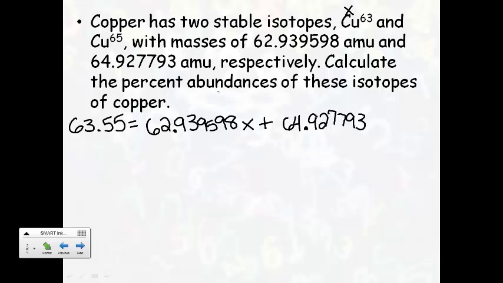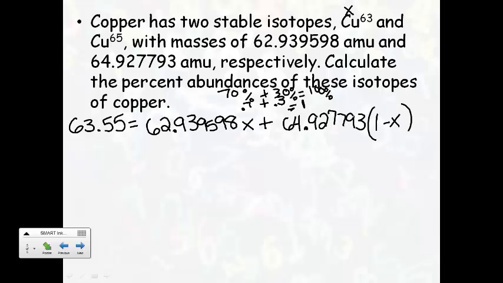So say we had 70% and 30%. If they were in decimal, they'd be 0.7 and 0.3. So they would have to add up to 1, okay? So we need our answer to be the difference between 1 and X. Okay, so we're just going to go ahead and plug in 1 minus X right here.